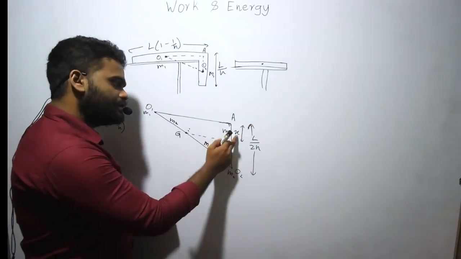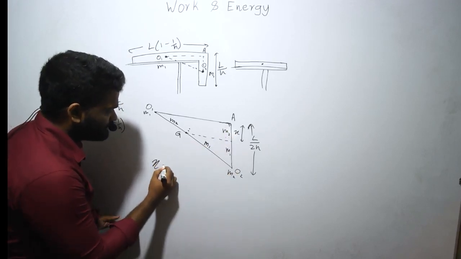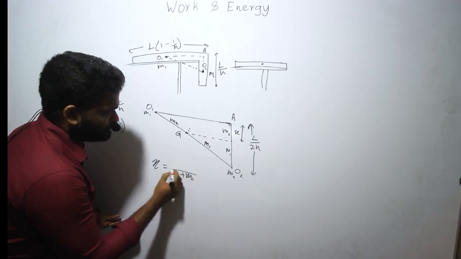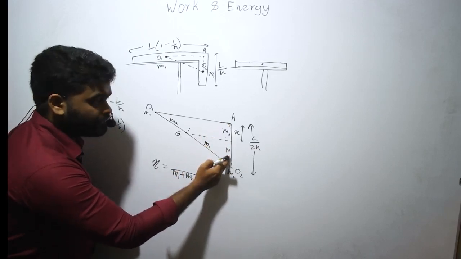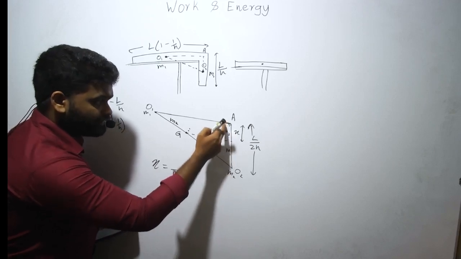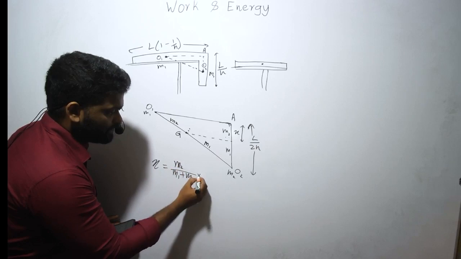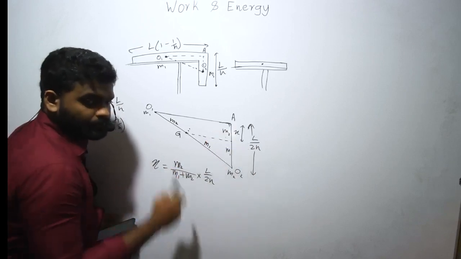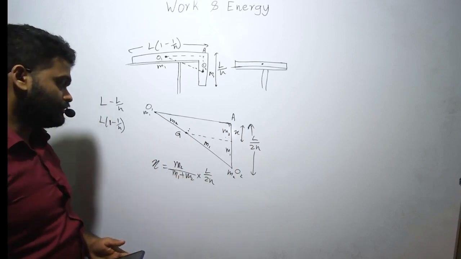So all we have to do is just find X. So how do you find X? X is equal to M2 over M1 plus M2. Just add these two masses and we need to find the length related to M2, right? M2 times the total length. The total length of this part is L over 2. Right? So that is what we have to do.